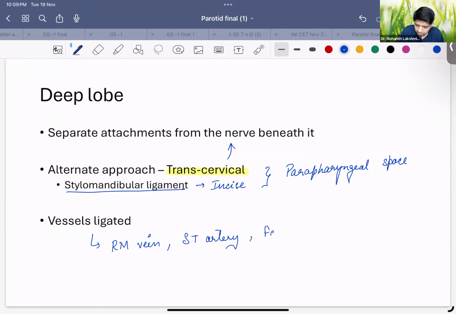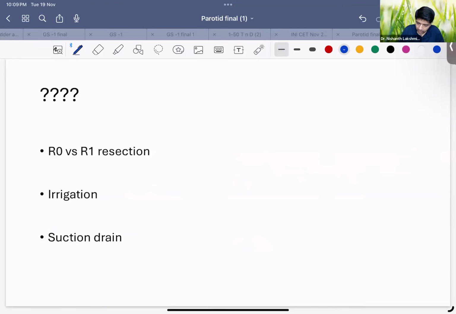You might sometimes have to take the facial artery also. Especially in the transcervical approach, you might have to take the facial artery as well in order to gain access and remove the deep lobe of the parotid.